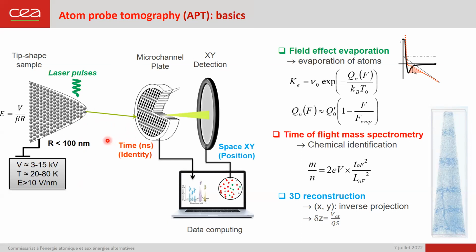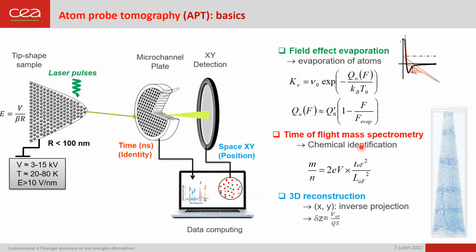But in practice, the electrostatic field is below the evaporation field of the chemical species. Evaporation is generated and triggered by ultra-short laser pulses. The chemical nature of the ion is determined using time of flight mass spectrometry. And the time of flight is measured between laser pulses and the impact of the ion on the detector.